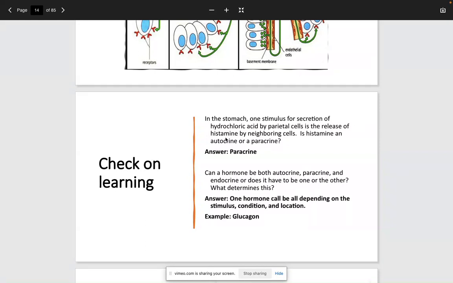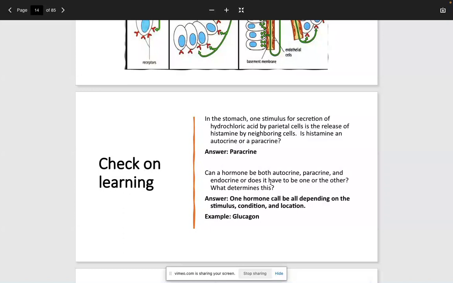So histamine is causing hydrochloric acid to be released by parietal cells. And the key words right here are neighboring cells. So is histamine an autocrine, affecting the cells itself? Or is it paracrine, affecting the nearby cells? And we know the answer is paracrine, right? Histamine is causing the release of hydrochloric acid by the parietal cells, so histamine is affecting neighboring cells. I hope you guys see how I came to that conclusion.